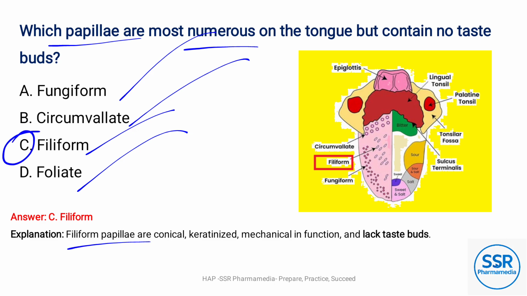Filiform papillae are conical, keratinized, mechanical in function and lack taste buds. Here the different types are fungiform, filiform and foliate. In the middle of the tongue, mainly filiform papillae are present.